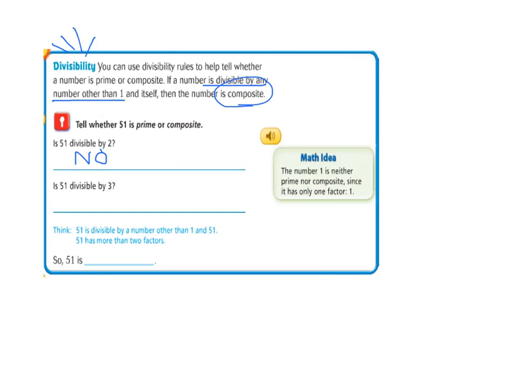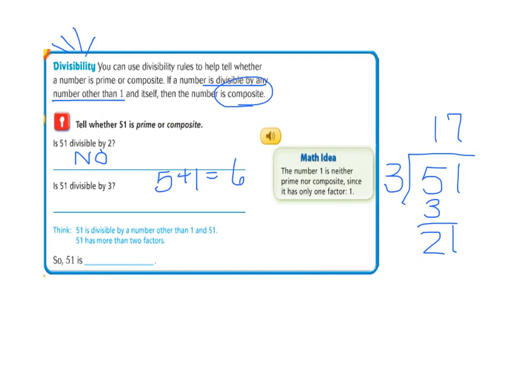Let's think. I could do it the long way. 3 can go into 5 once. Oh, it is, by 17. Oh, you know what? I could have used my divisibility rules. I could have taken 5 plus 1 equals 6.